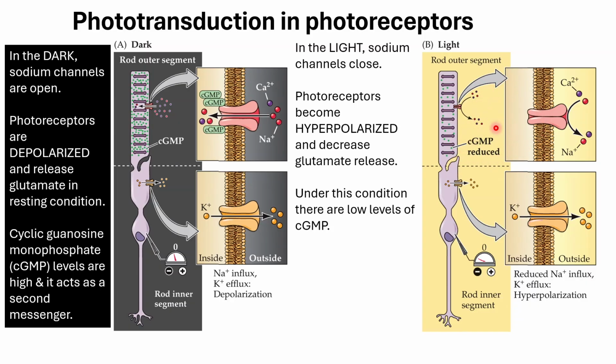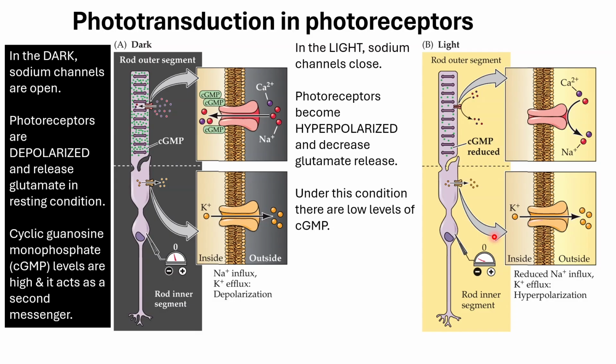It converts cyclic GMP into GMP. That means that the cyclic GMP can no longer bind to these channels, leaving them closed. So we've got reduced calcium and sodium current going into the cell. The only channels that are open are the leaky potassium channels, and that current is flowing out of the cell because the inside of the cell is high in potassium and low on the outside, and therefore we've got a hyperpolarization event. So it hyperpolarizes, it decreases its membrane potential.